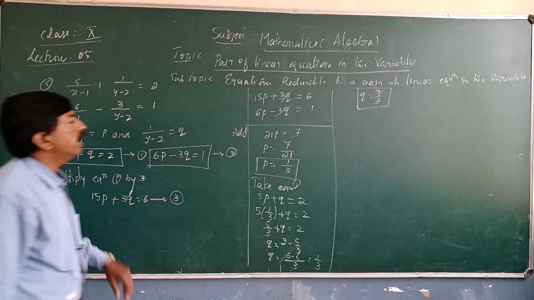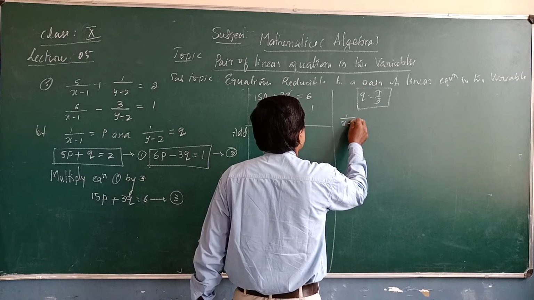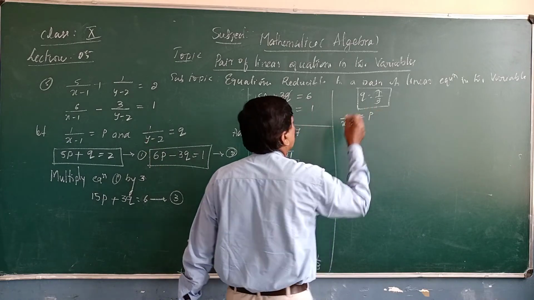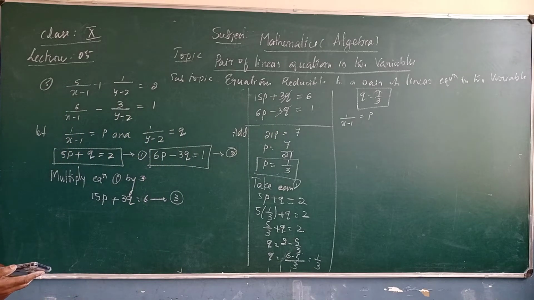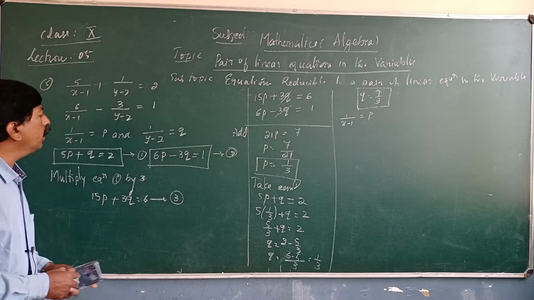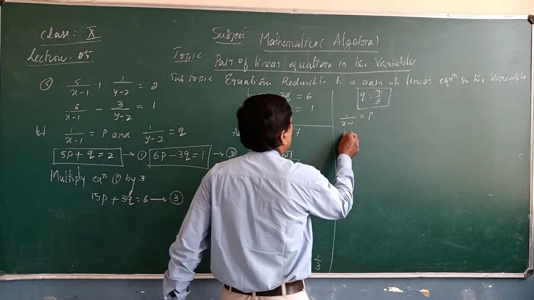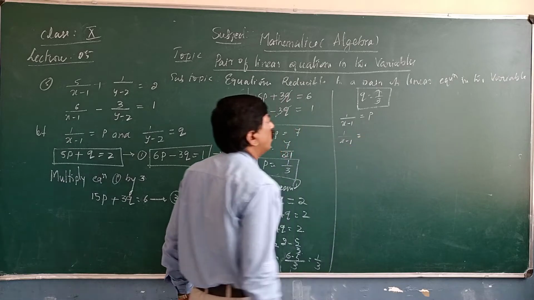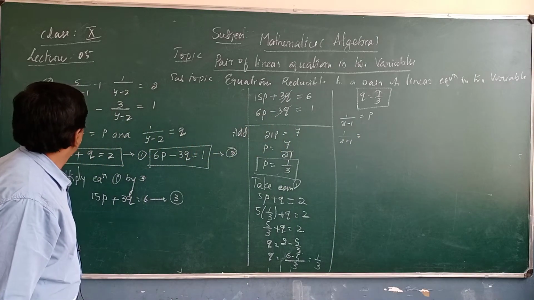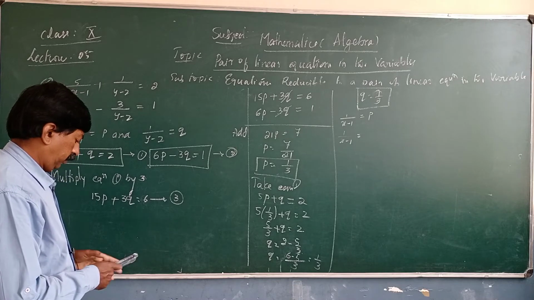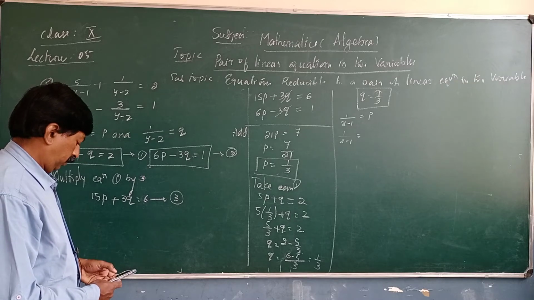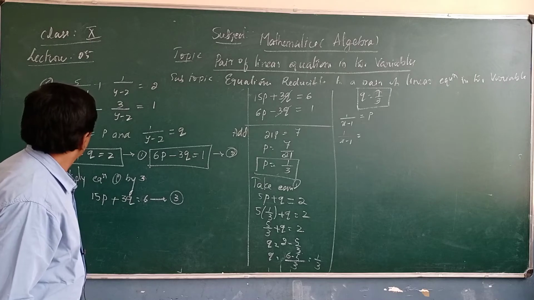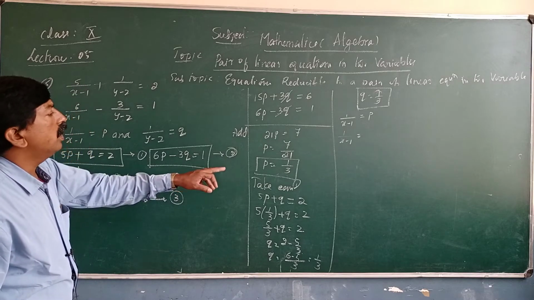We know that 1 by x minus 1 is equal to p.